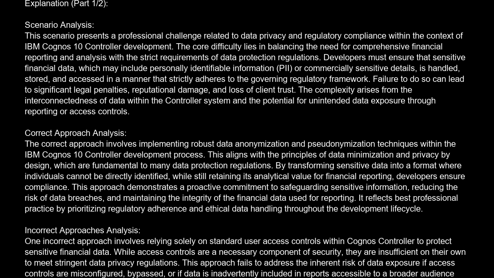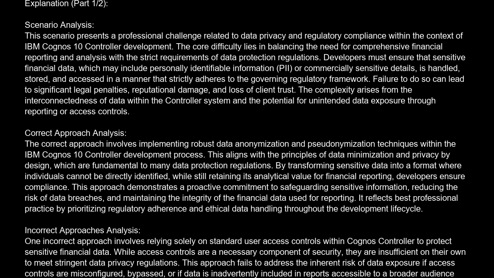This approach demonstrates a proactive commitment to safeguarding sensitive information, reducing the risk of data breaches, and maintaining the integrity of the financial data used for reporting. It reflects best professional practice by prioritizing regulatory adherence and ethical data handling throughout the development lifecycle.